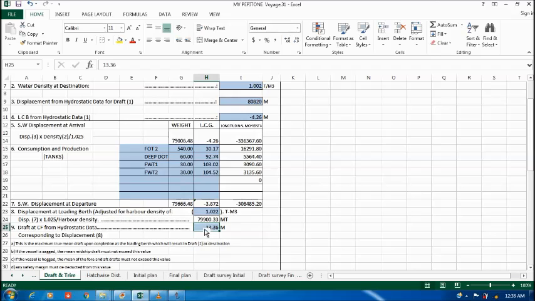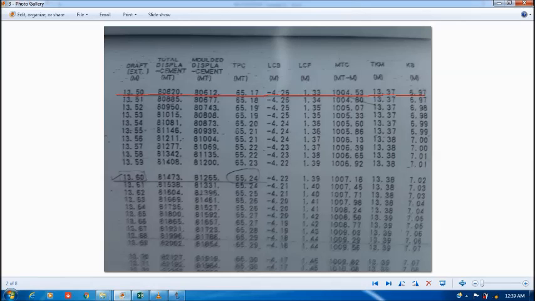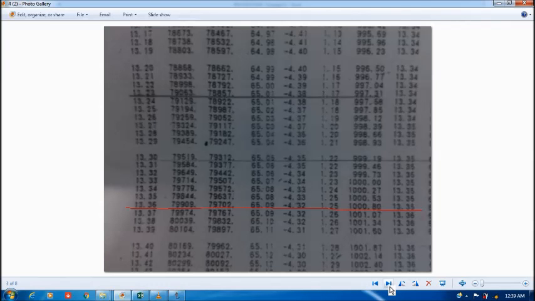How do we get this? So proceed again, go to your hydrostatic table, and look for the displacement here, which is 79,900. Look for the nearest value.